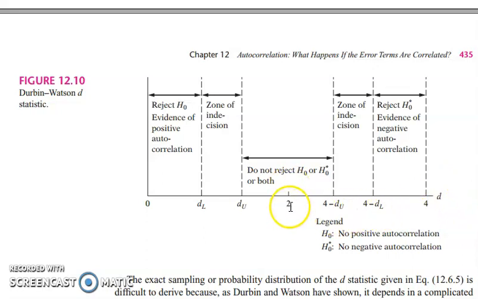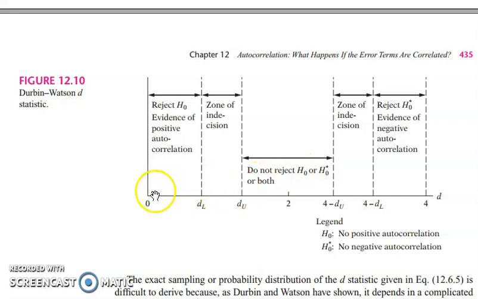So we can divide the region between 0 and DL. DL is the lower limit, DU is the upper limit. This is 4 minus DU, and this is 4 minus DL. If it is between DU and 4 minus DU, this means do not reject H null. If it falls between 0 and DL, there is evidence of positive autocorrelation.